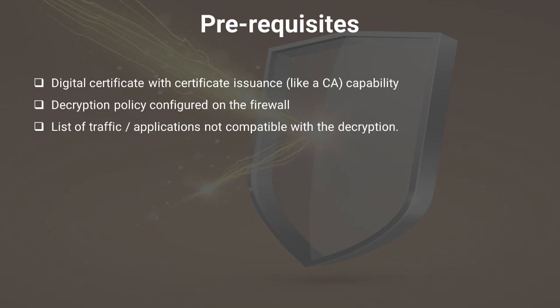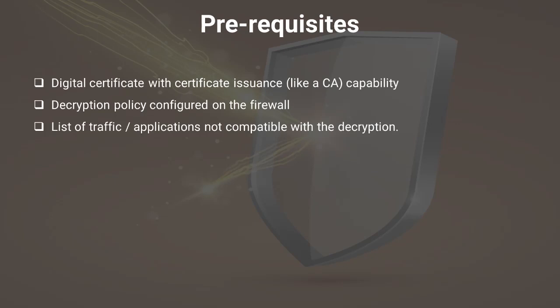So how does it work in terms of reverse decryption? For reverse decryption, you need a copy of the certificate of the server you want to protect, and you also need the private key for that certificate. Usually it's done by exporting the certificate along with the private key and importing it into the next generation firewall. So the clients terminate the TLS, transport layer security, and TCP connection with the next generation firewall instead of the real server.